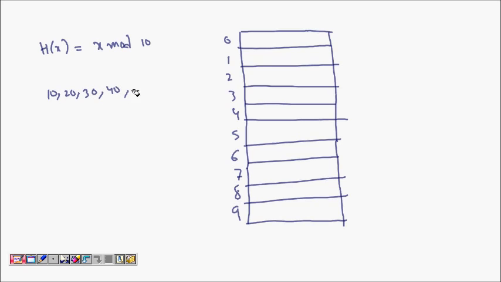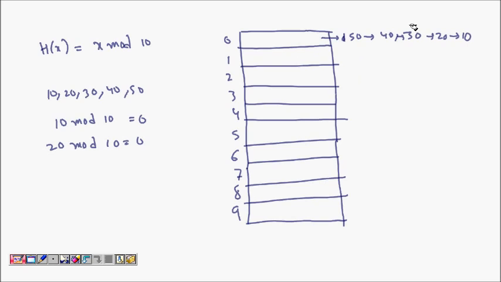As you see, 10 mod 10 is 0, 20 mod 10 is 0, and so on. Everything will map here, in a linked list like this: 50, 40, 30, 20 and 10. This is a linked list at index 0 of your hash table.